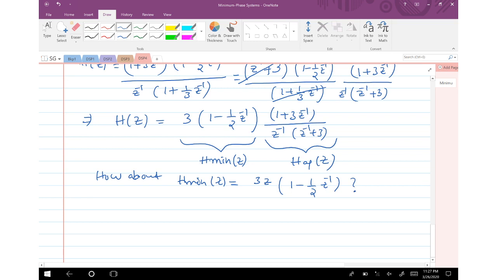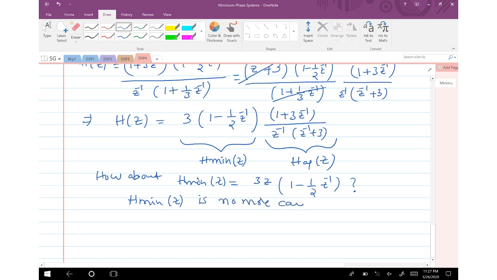Any idea what the problem would be? Yes, indeed. Take the first term, 3 into z to the power 1. So the system H_min(z) is no longer causal.